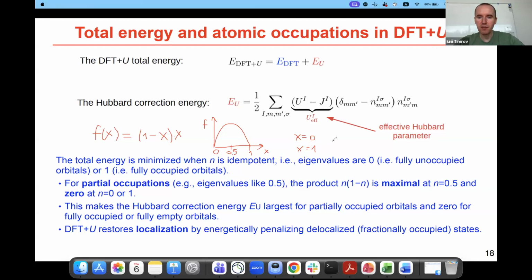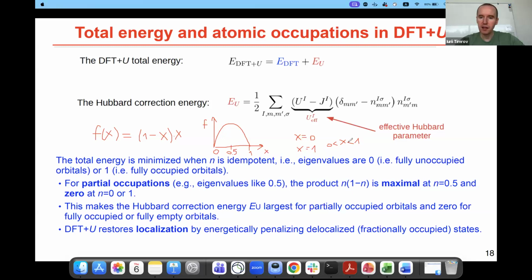If instead you have something in between, when x is between 0 and 1, in that case the Hubbard energy starts acting, because it starts penalizing the metallic solution. When x is between 0 and 1, it means it's a metallic solution, it's fractional.